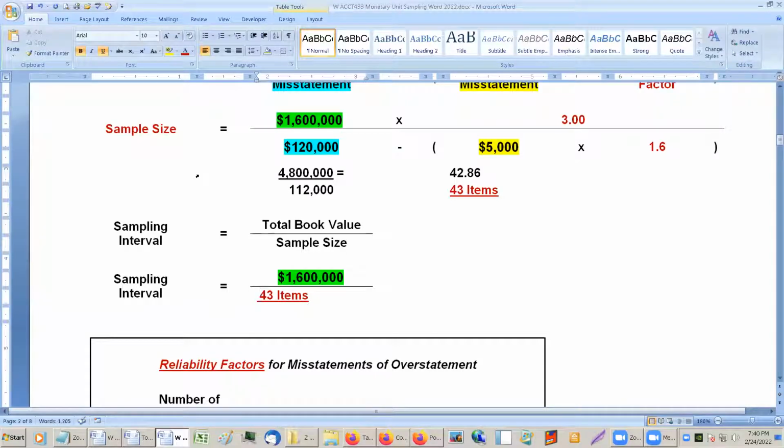So 1.6 million divided by 43 is $37,209.